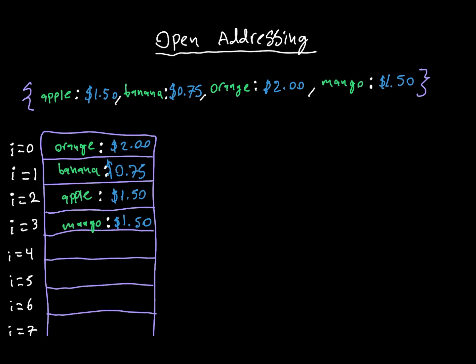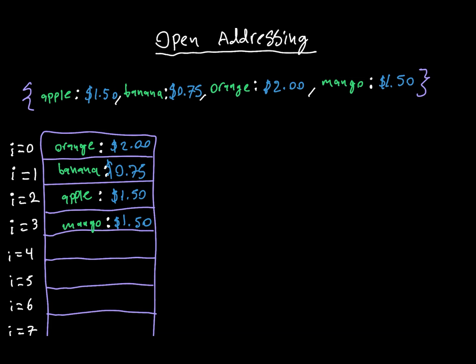If 50% of our indexes are used, then we can create an array of twice the size of the original and then rehash all the key value pairs. So even if Apple had an index of 2 from our previous hashing function, it may now result in an index of 15, right?